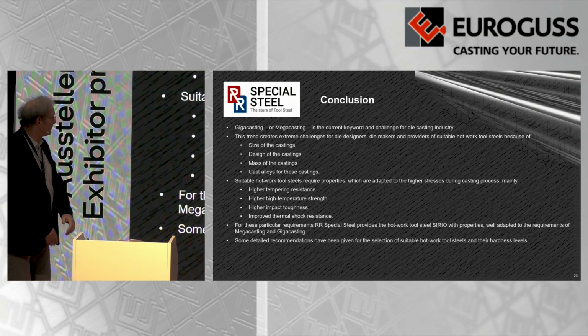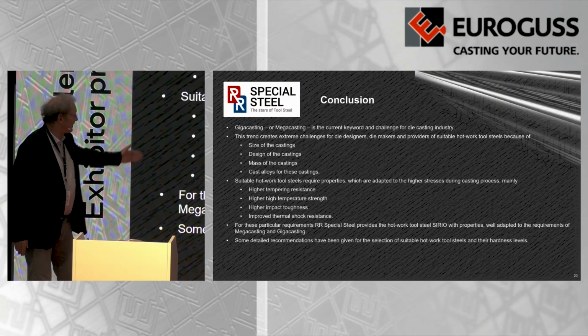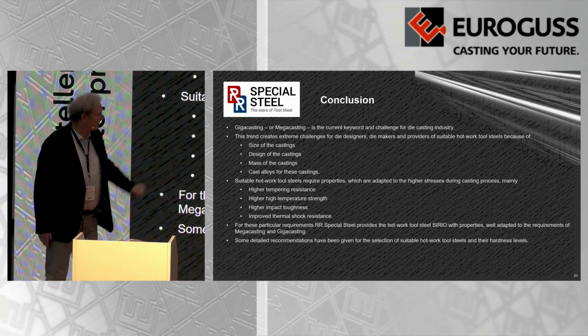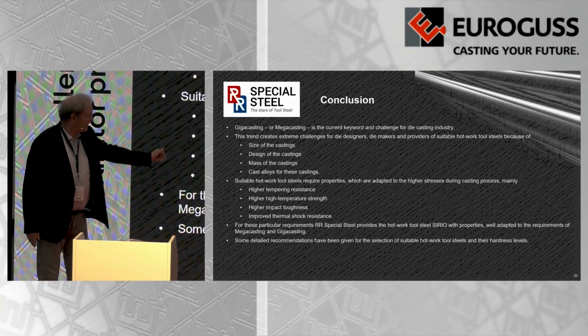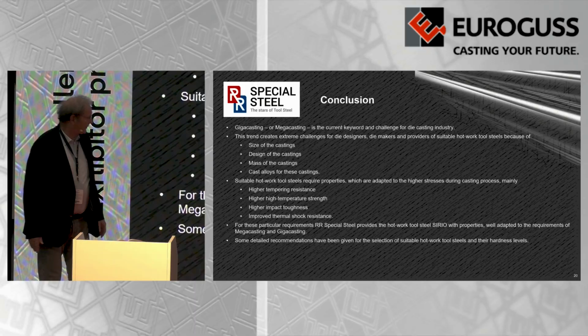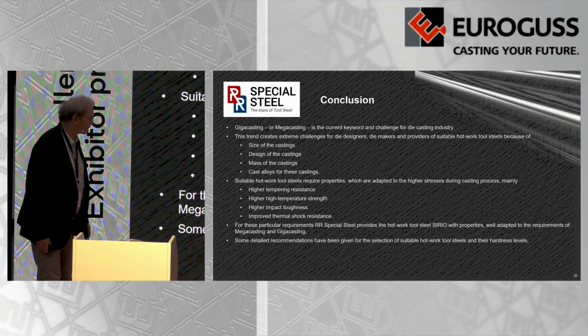A suitable hot work tool steel requires properties which are adapted to the higher stresses during the casting process, which is mainly, again, high temperature tempering resistance, higher high temperature strength, very high impact toughness, and as a result of that, an improved thermal shock resistance.